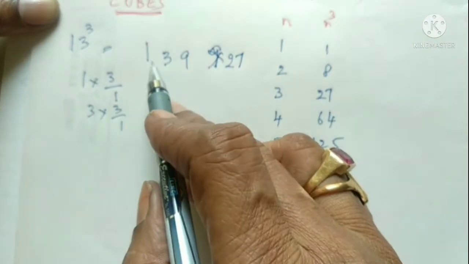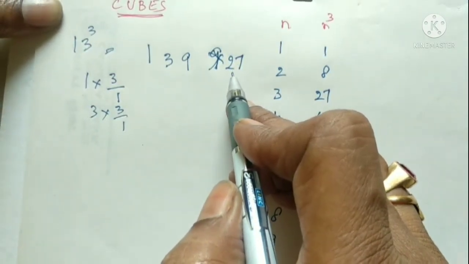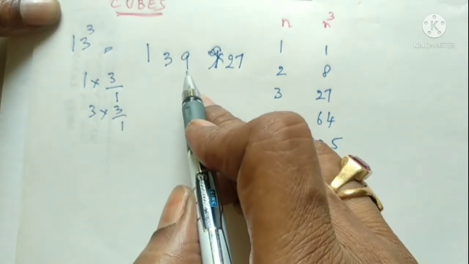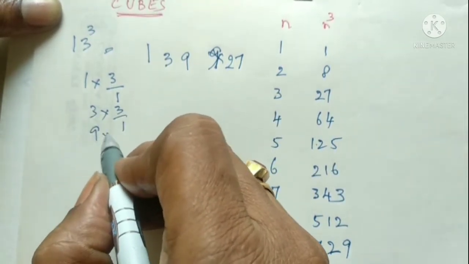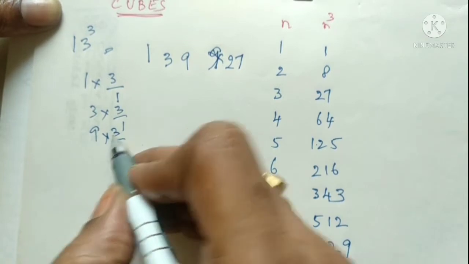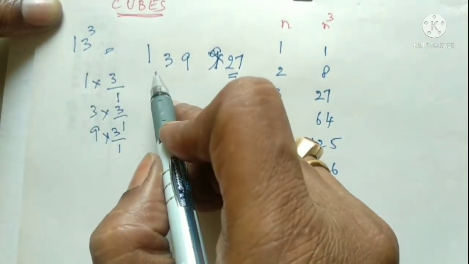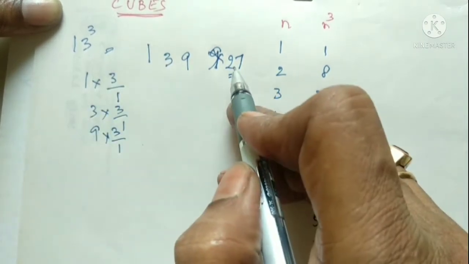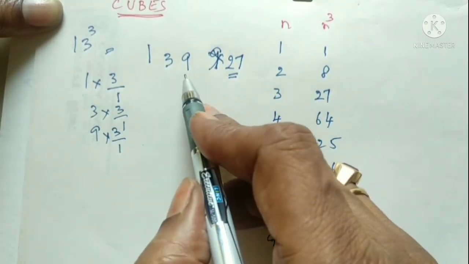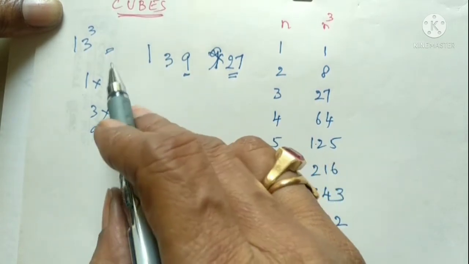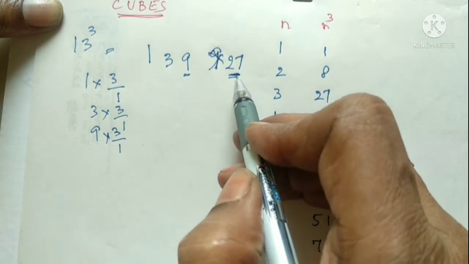So, observe 1, 3, 9 and 27. This 9, when it is multiplied by 3 by 1, we have to get the last number. Means 1 cube is 1, 3 cube is 27, and while calculating this, when this number 9 is multiplied by 3 by 1, we have to get this number. This is how we have to counter check.